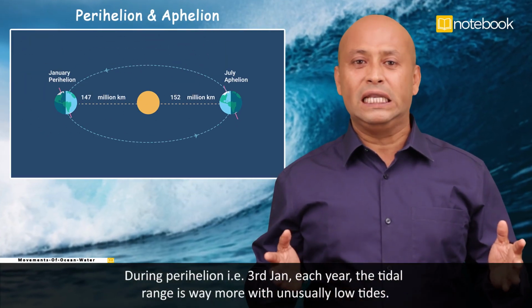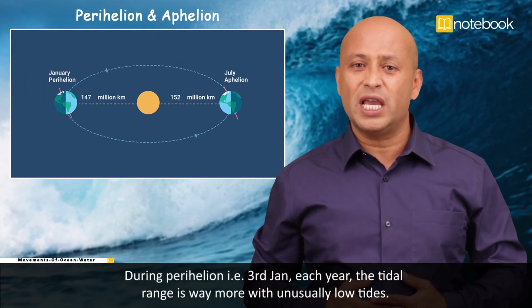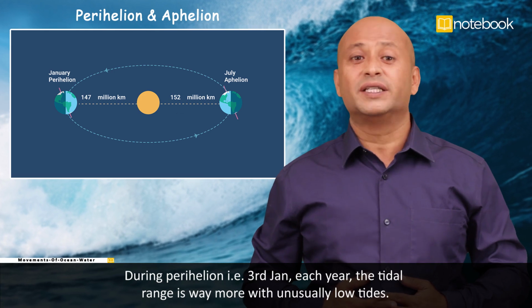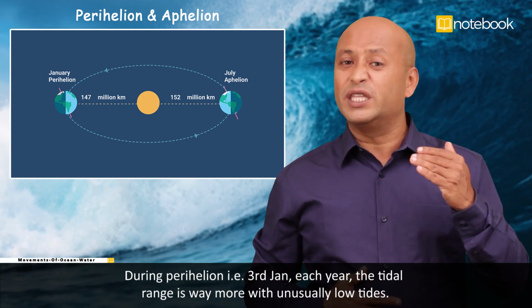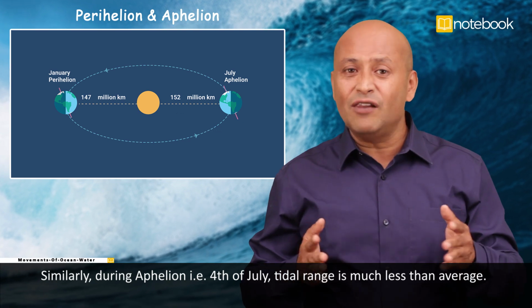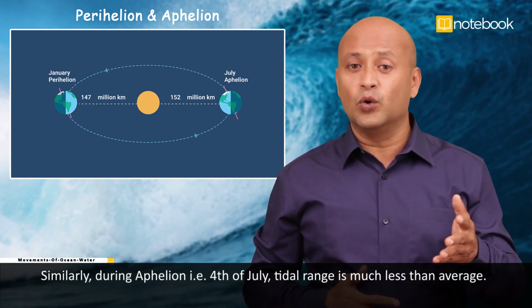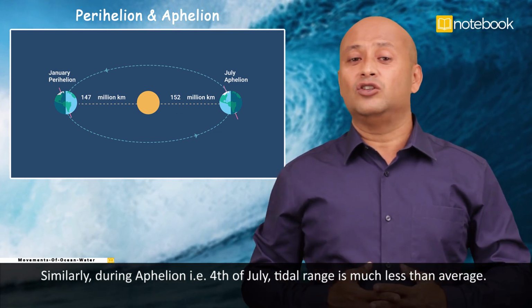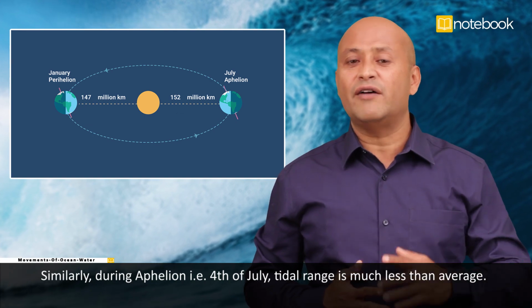During perihelion, that is 3rd Jan, each year, the tidal range is way more, with unusually low tides. Similarly, during aphelion, that is 4th of July, tidal range is much less than the average.